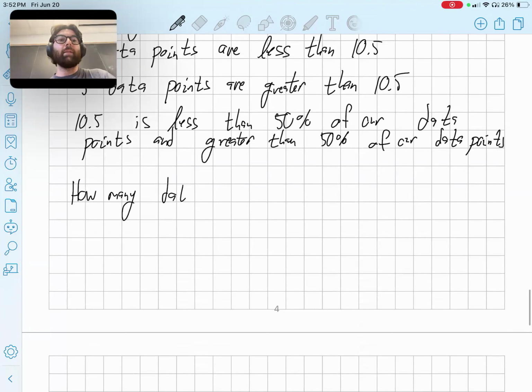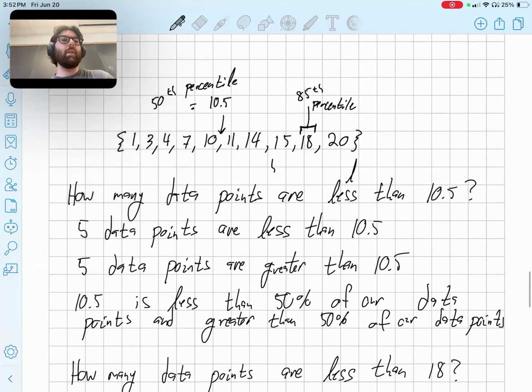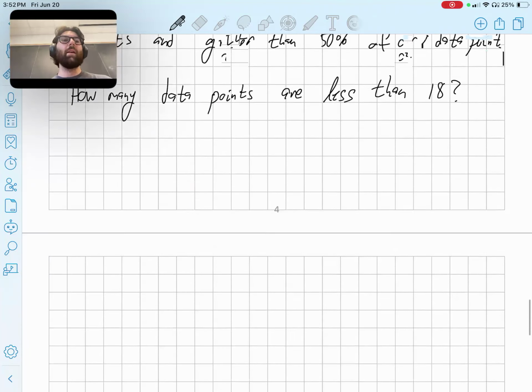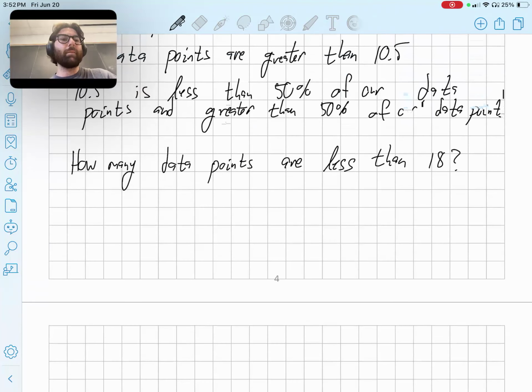What about 18? How many data points are less than 18? Well, let's count. 1, 2, 3, 4, 5, 6, 7, 8. So there's 8. I didn't count 10.5 because that's not actually one of our data points. It's our 50th percentile, but it's not one of our data points. So there are 8 data points less than 18.